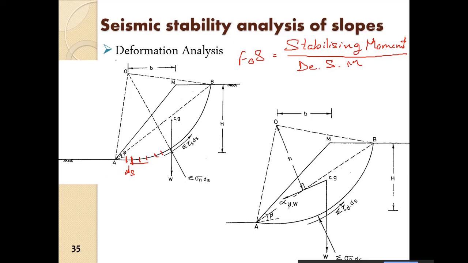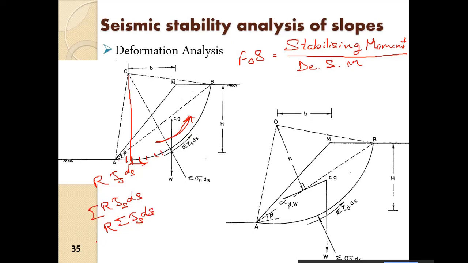If the shear strength here is tau s, then tau s into ds is the total shear strength here in this direction. If I multiply this with r, I get the moment. So summing up r into tau s into ds, I will get the total stabilizing moment, as we have discussed in the moment equilibrium method. So r we can take out, and we have the total stabilizing moment ds.